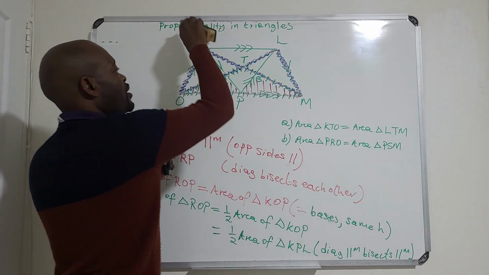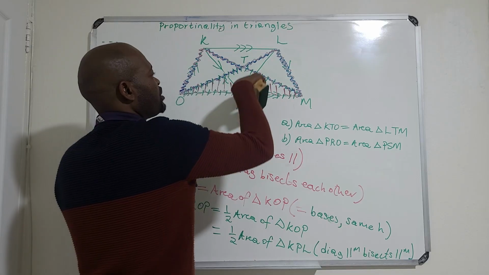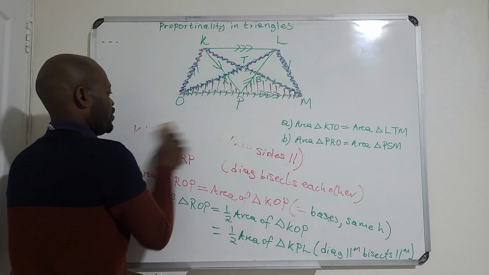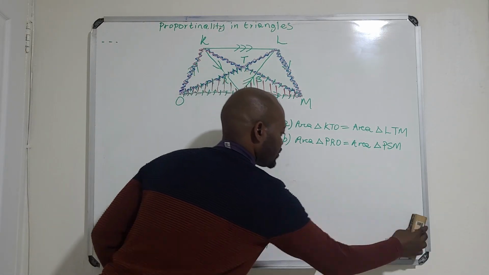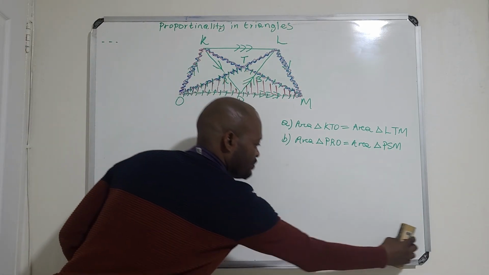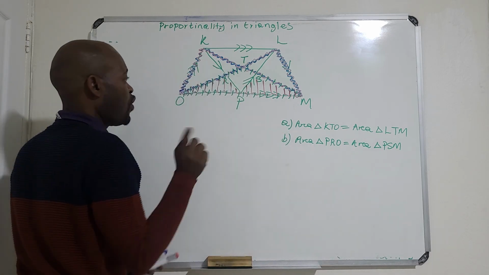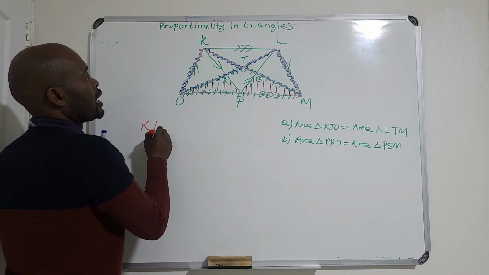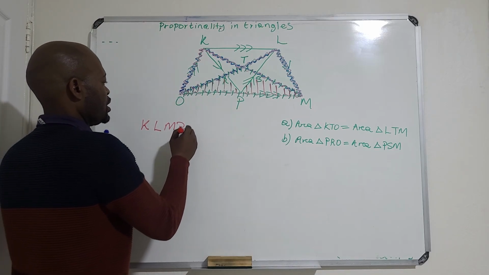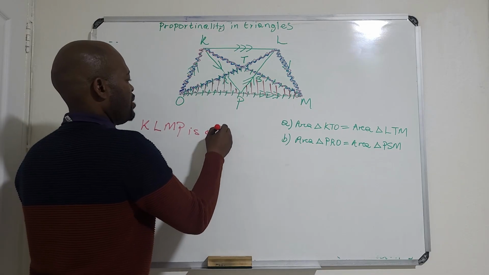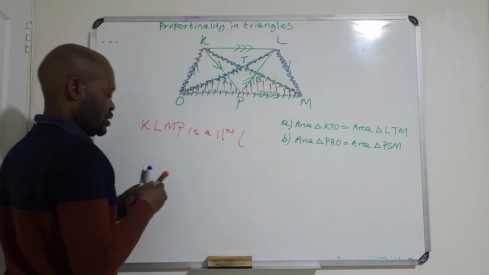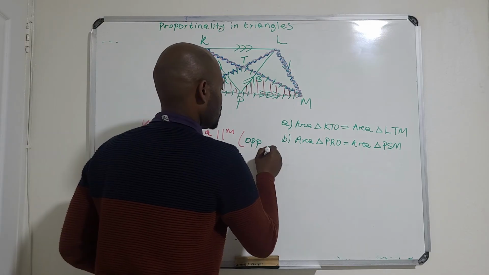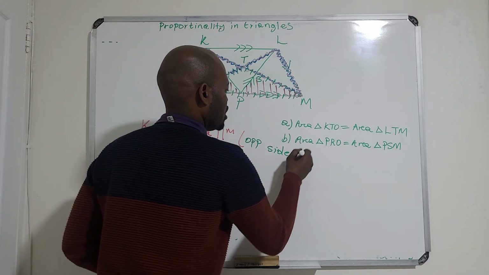Our second step, we need to now find a triangle PSM. You find it, which is a follow-up from what I'm erasing here. Now we say KLMP is a parallelogram. Why? Because we know that opposite sides are parallel.